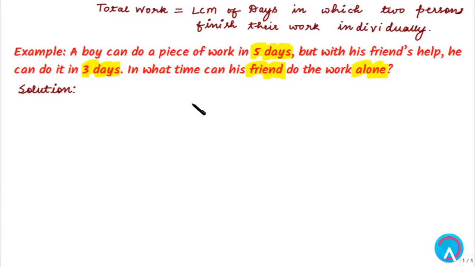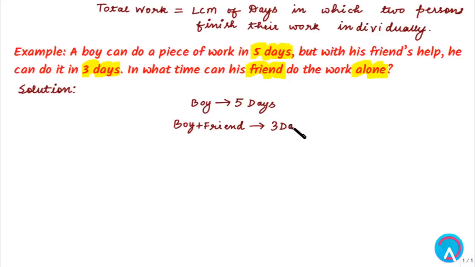It is given in the question that we have a boy. So let us suppose this boy is finishing a piece of work in 5 days. And this boy is taking the help of his friend. Both are doing the work together, and when they do the work together, they can finish the work in 3 days.